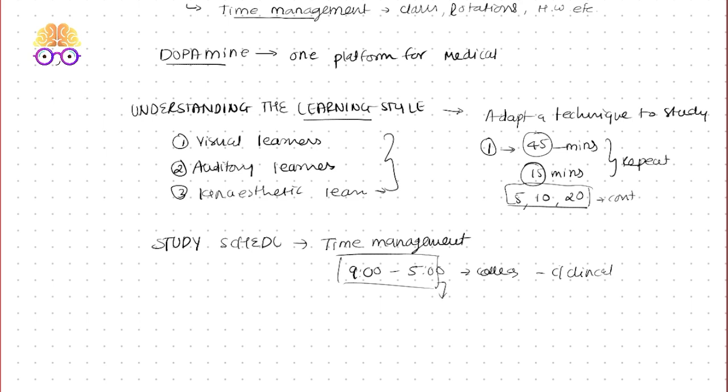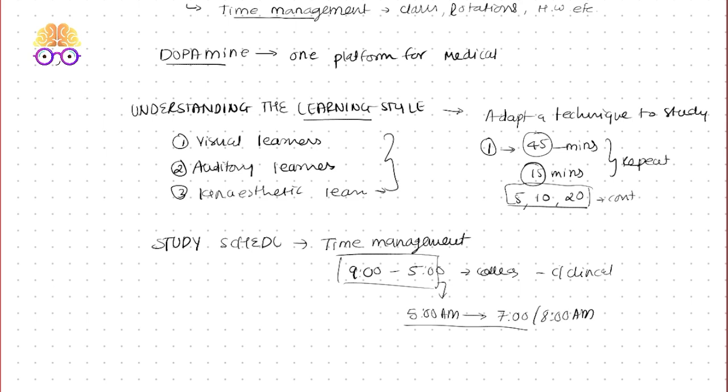You can do one thing: if you're an early bird, you can start at 5 a.m., giving yourself study time from 5 a.m. to 7 or 8 a.m. There you can study whatever topics you have left behind or were unable to understand, because the grasping power is greater in the morning than at night.